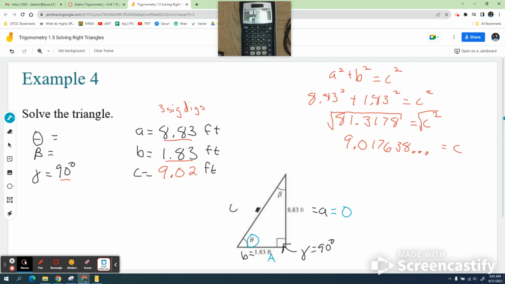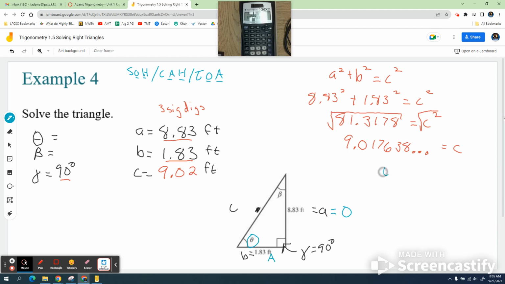What trig function is the opposite over the adjacent? Tangent, right? So remember, SOHCAHTOA. Sine is the opposite over the hypotenuse, cosine is the adjacent over the hypotenuse, and tangent is the opposite over the adjacent.